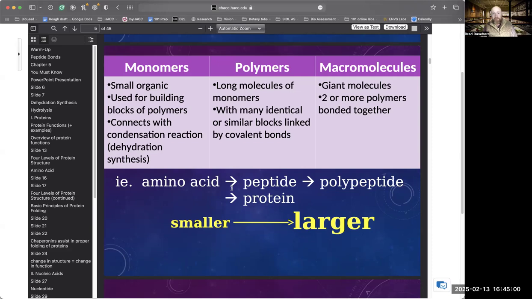If you think about a chain made out of metal, each one of those links is just a repeating unit again and again linked together. Well, each link is like a monomer, and then the whole chain is going to be your polymer. And that's basically how most of our biological molecules are formed.